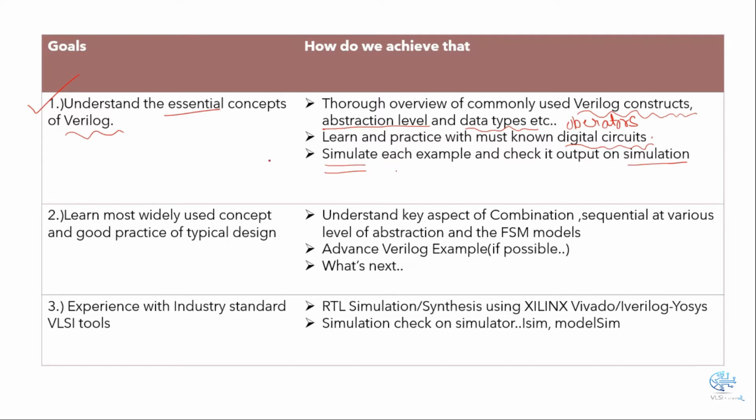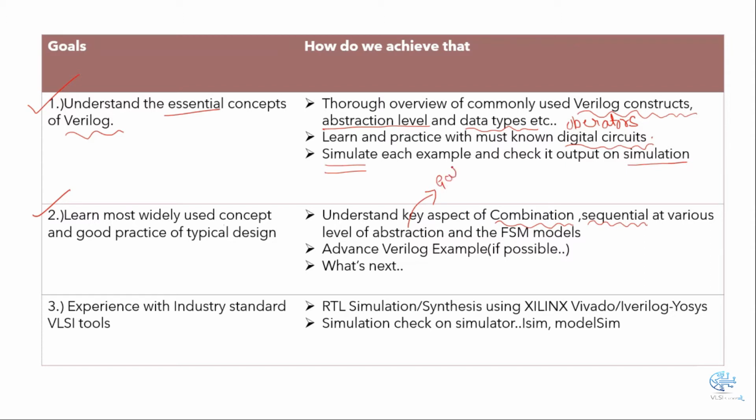Once we get to know the Verilog basics, the second step is to implement all those basic concepts with some widely used examples in Verilog. So how are we going to achieve our second goal? First, we need to understand the key aspects of designing our combinational and sequential circuits with their different levels of abstraction.